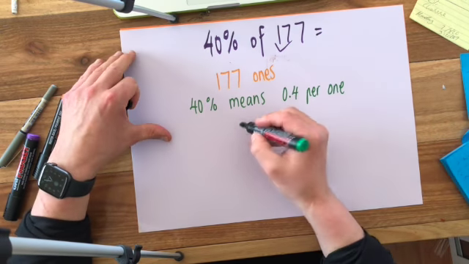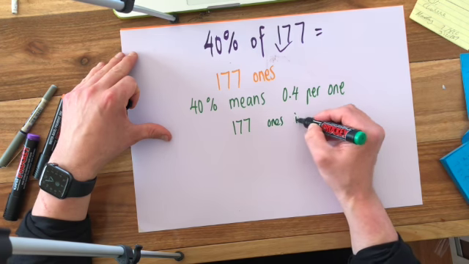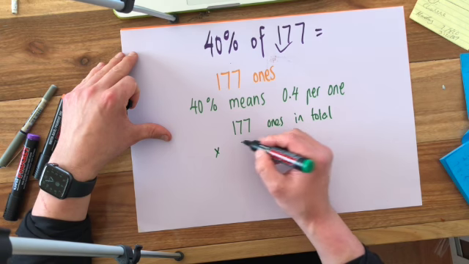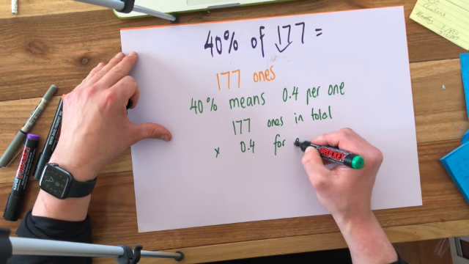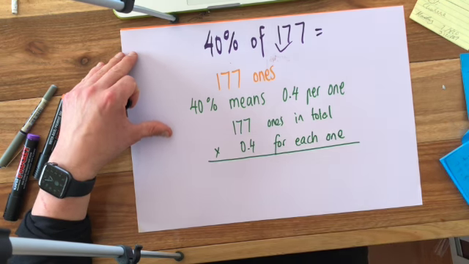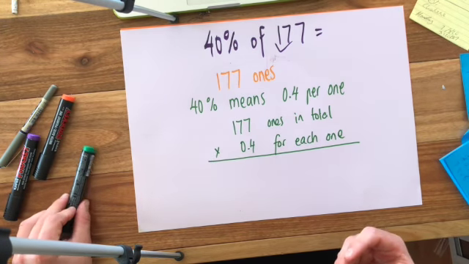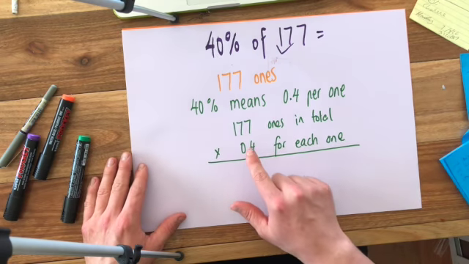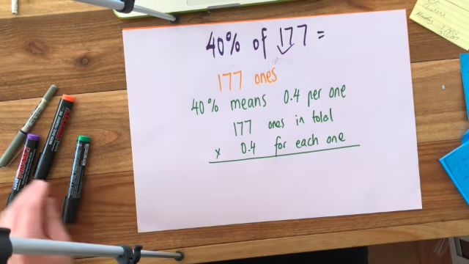So all I need to do now is 177 ones in total multiplied by 4 tenths for each one. Now, at this stage, you can use a calculator to help you with the working out, because I haven't taught you how to multiply a decimal by a large number like this. Otherwise, just listen ahead.